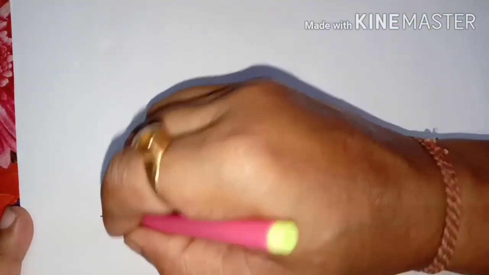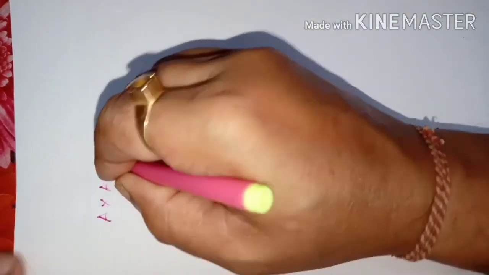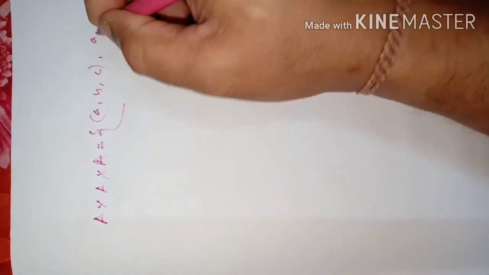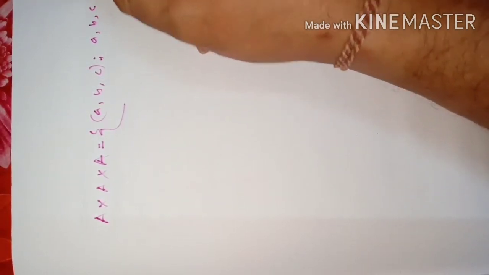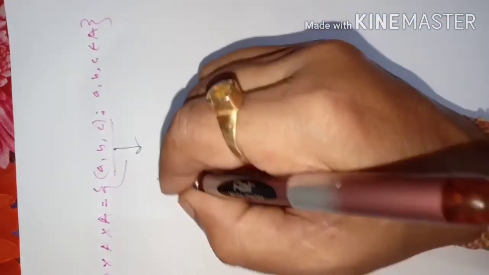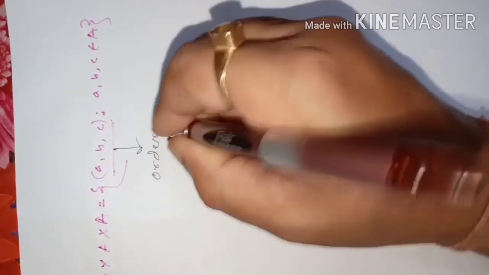So once again, students, if we write A cross A cross A, then inside that what will be there? A comma B comma C, where A, B, C all belong to A. What will this A comma B comma C be called? Ordered triplet.